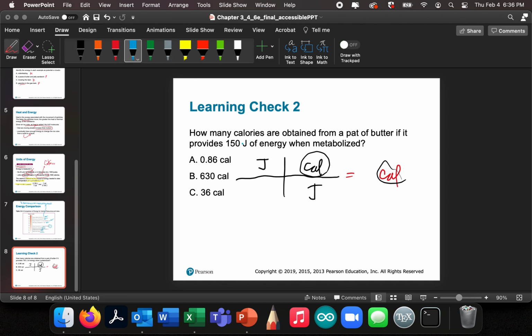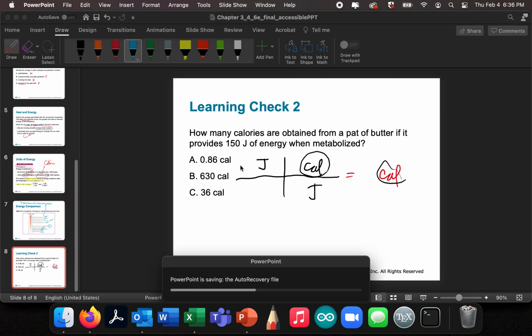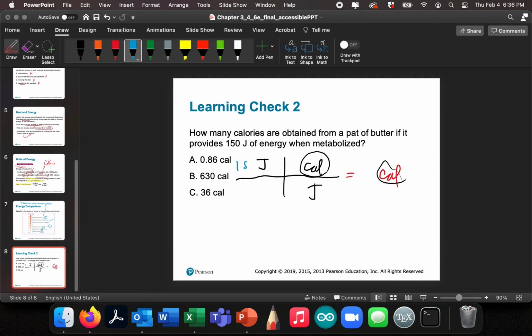Okay, this is not so bad. Look, it's 150 joules. And we know that there's 4.184 joules for every 1 calorie. So this looks like 2 sig figs. This is 4 sig figs. So our answer is going to be 2 sig figs, okay?